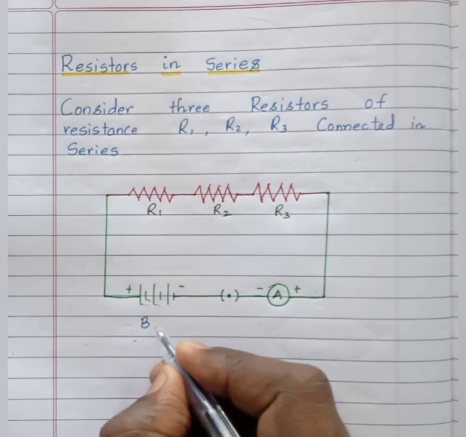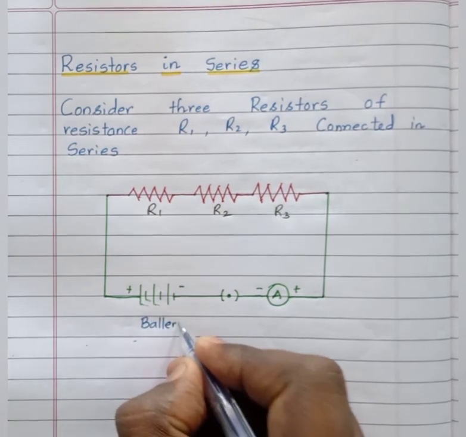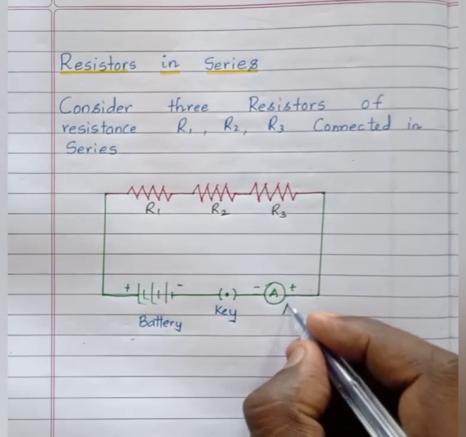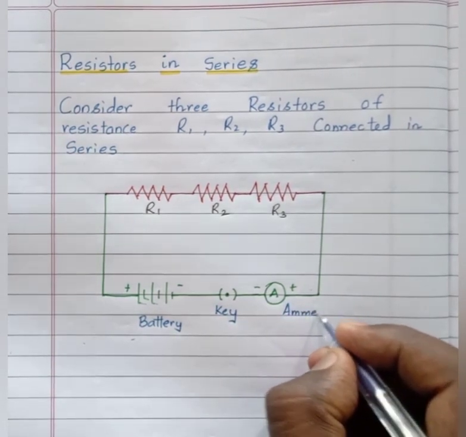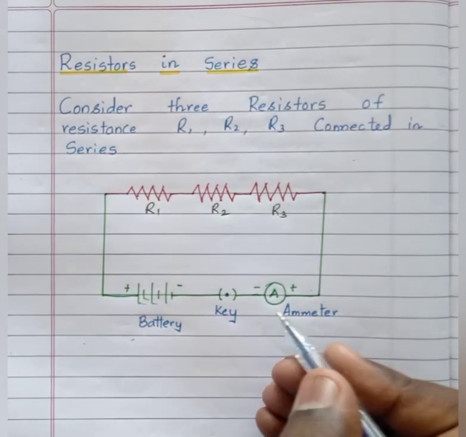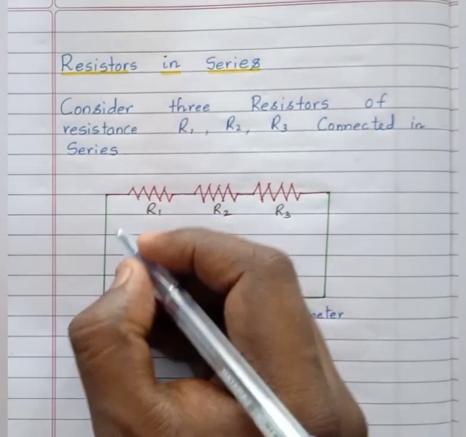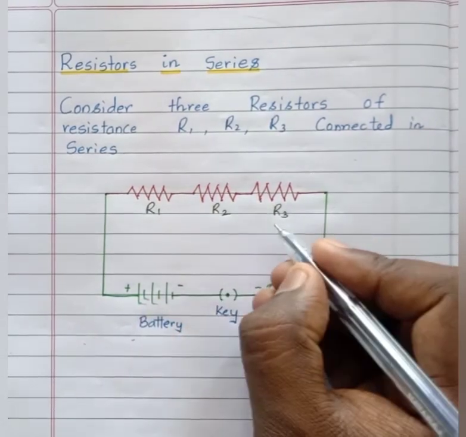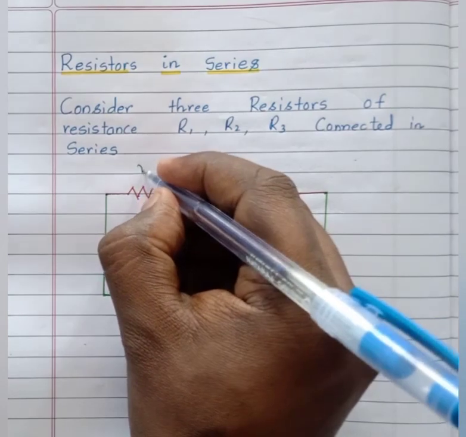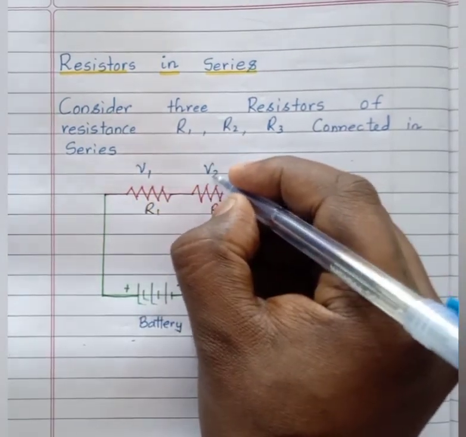We have connected a battery, a key and ammeter. We know the functions of each of these components. Then what will be the current flowing across the circuit? The current I will be flowing across the circuit.